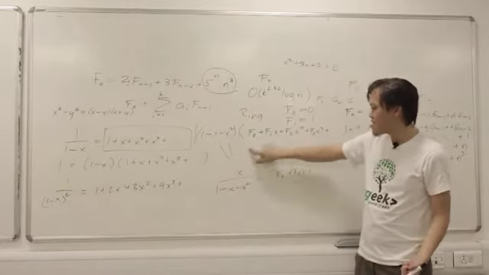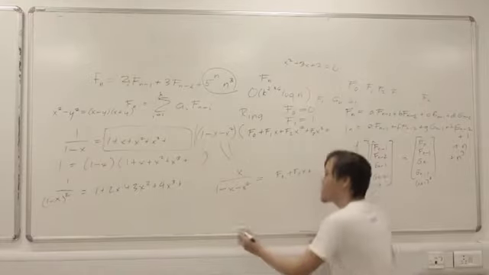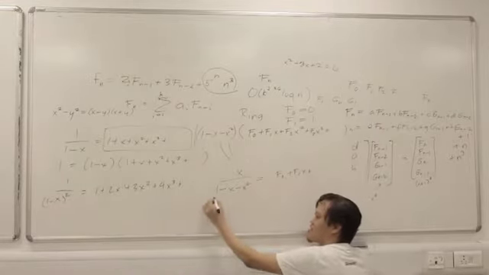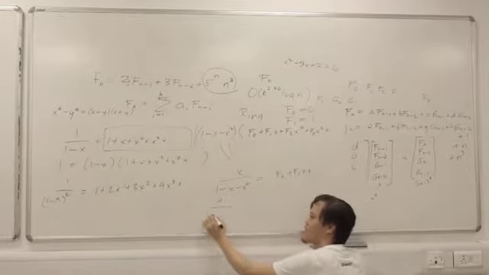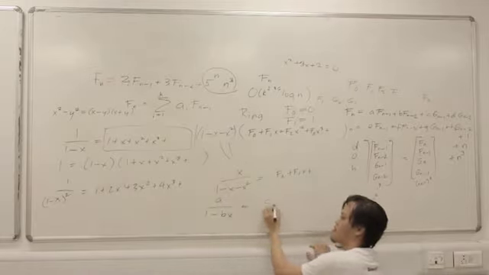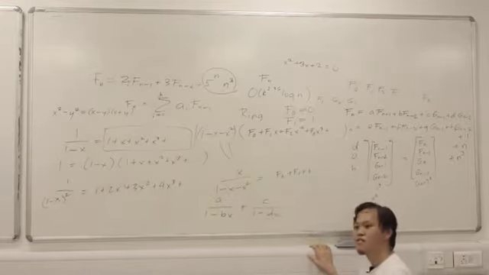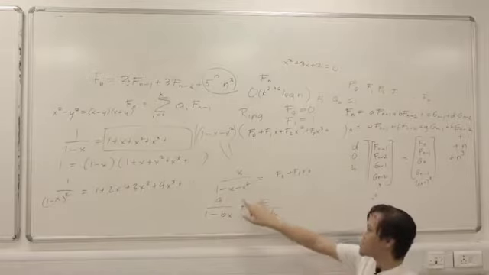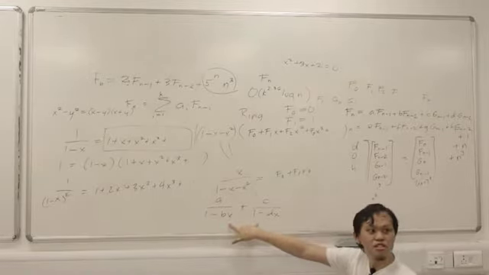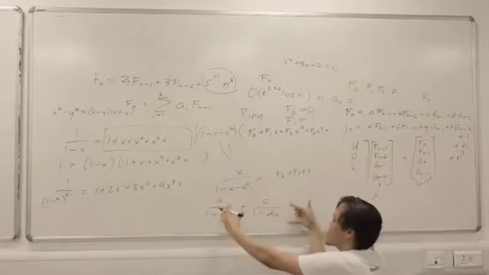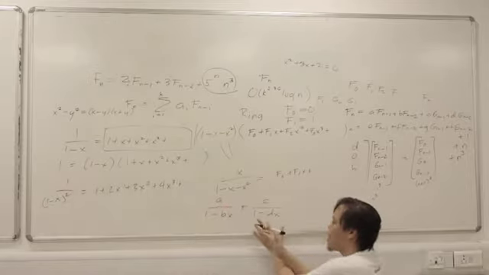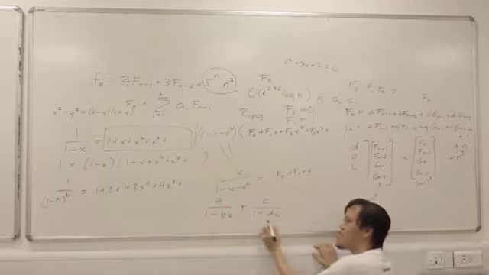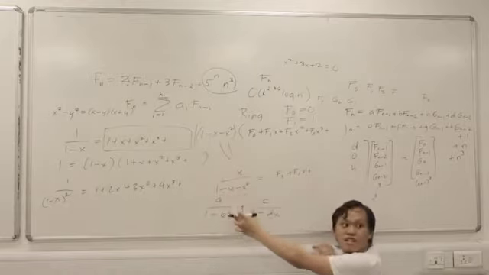The trick here is that you can write something like this into something like this. This is called partial fraction decomposition. The idea is that if you combine this, you want to select B and D such that they multiply exactly to this.